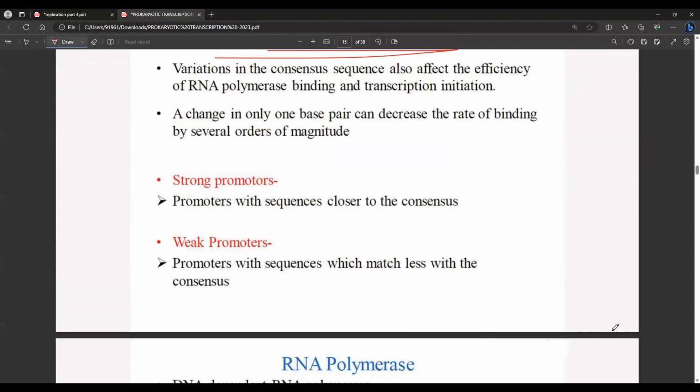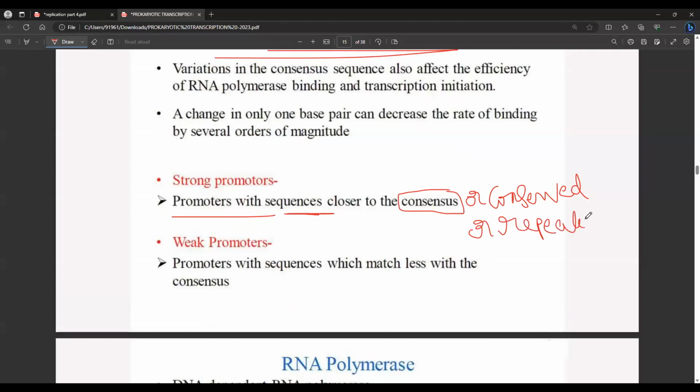Now the question is why did we use the word strong promoter? Because the promoters which have sequences very close to the consensus. Friends, remember, consensus you can also call a conserved sequence, or a repeated sequence. Example, TA, TA, TA, TA. This is a completely repeated sequence.